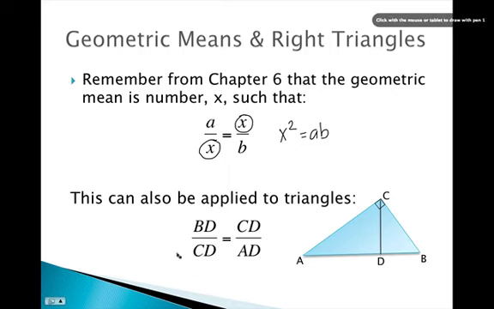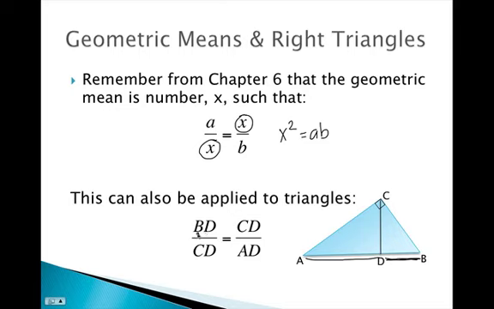And specifically, since CD breaks up our hypotenuse AB into 2 segments, segment AD right here and segment DB, it is the geometric mean between those 2 segments. So it broke up our hypotenuse into 2 separate segments, and it's now the geometric mean between those segments.